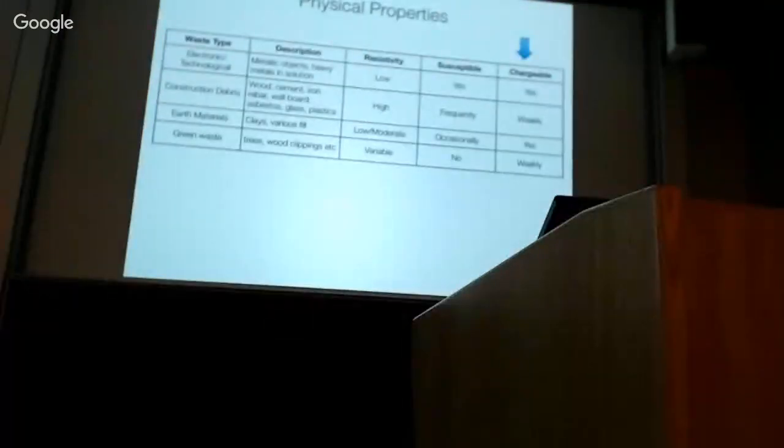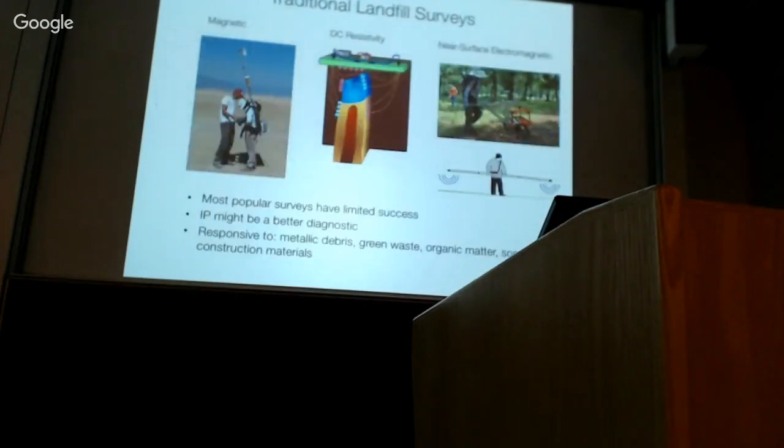In other words, resistivity is not necessarily a direct indicator of, or highly correlated with, the existence of waste. On the other hand, chargeability seems to be much more strongly correlated with the existence of waste, and therefore it becomes a parameter you might want to be very cognizant of.